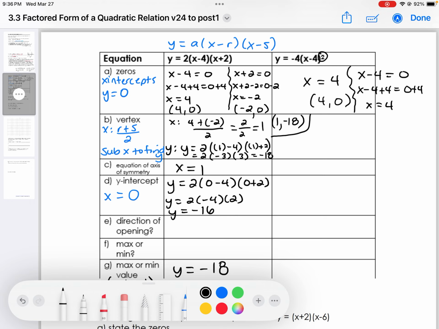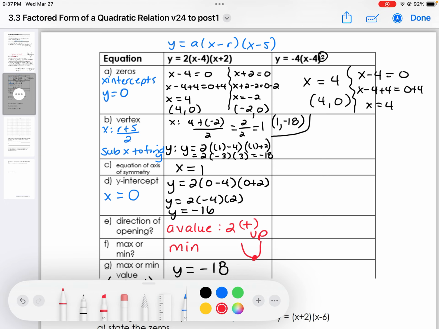So now when you're thinking about the direction of opening, we do not have a graph. So we have to use the A value, which is 2, and that's positive. So that means the direction of opening is up. So our value for the max or min is going to be a minimum.